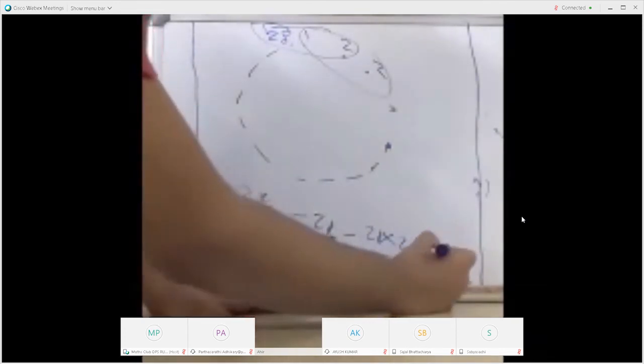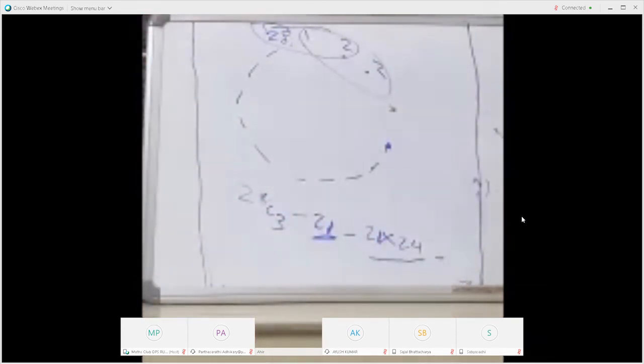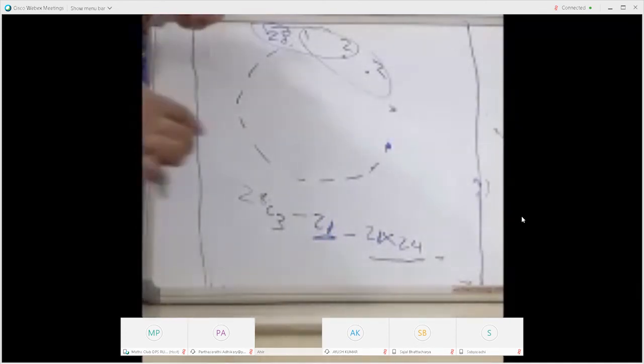And the third case is 2 of the points are diametrically opposite and the third point is not adjacent. We are not considering the third point to be adjacent because we have already counted them in the first 2 cases. So in the third case, 2 of the points are diametrically opposite and the third point is not adjacent to either of them. Now we could select 2 diametrically opposite points in 14 ways, right?